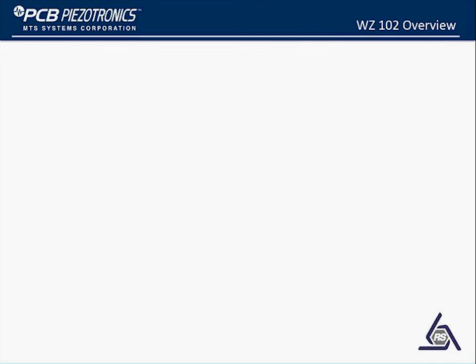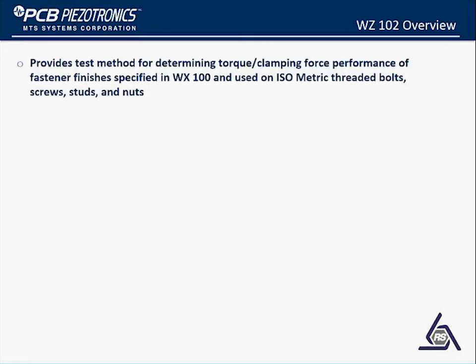There is the WZ102 standard. This one from our friends at Ford provides a test method for determining the torque and clamping force performance of fastener finishes specified in one of their standards and used on isometric threaded bolts, screws, studs, and nuts.